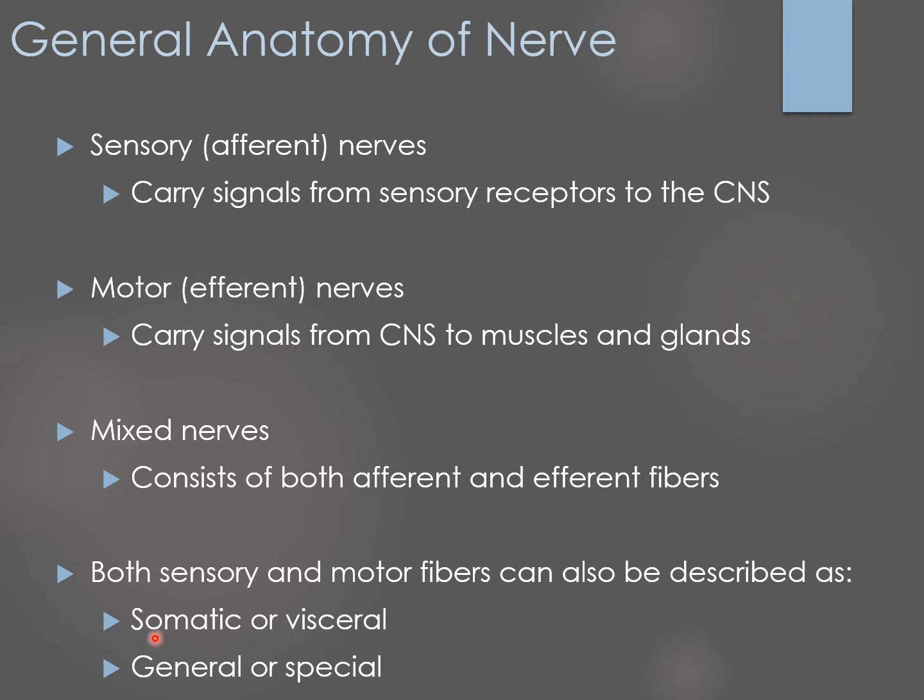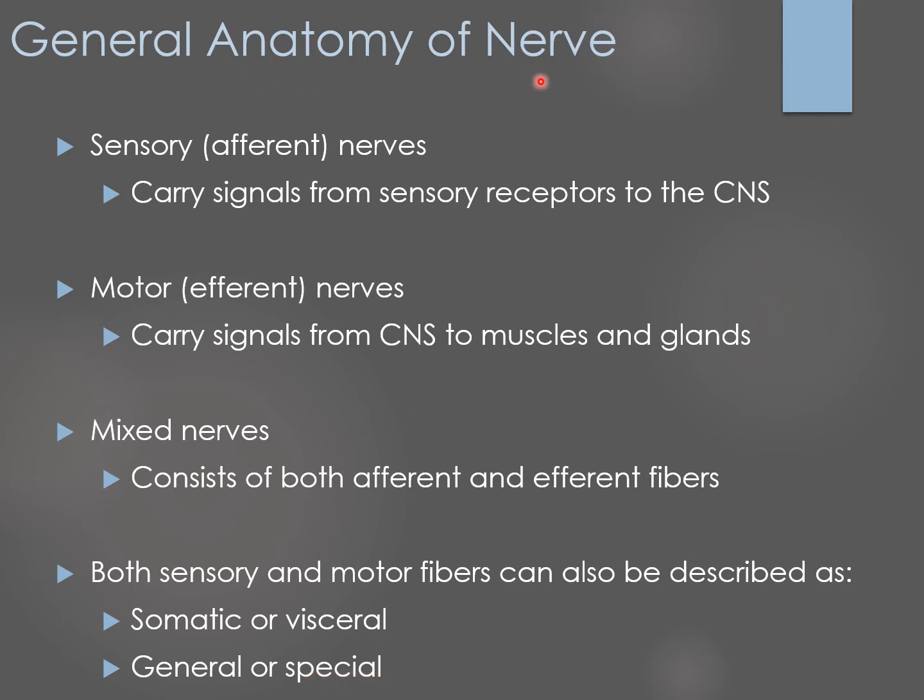Then we have somatic fibers, we have visceral fibers, we have general fibers that go to muscles and skin and glands and the viscera and so on. And then the special fibers that are going to be related to the special organs like your eyes and ears and nose and so on.